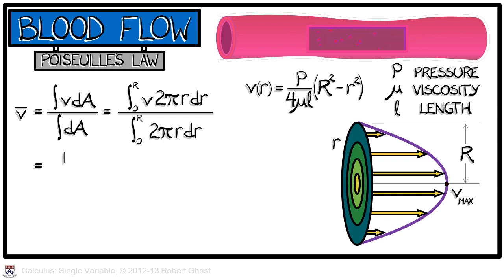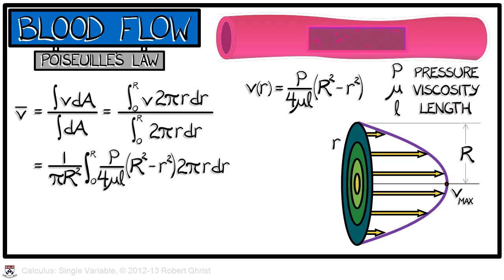Now, plugging in our formula for v, what do we get? Well, first of all, the denominator gives us a pi R squared. That we know. And so what we have left is the numerator.